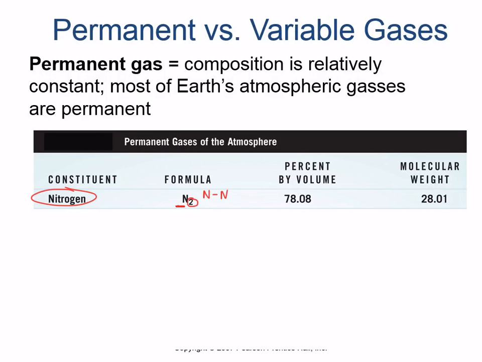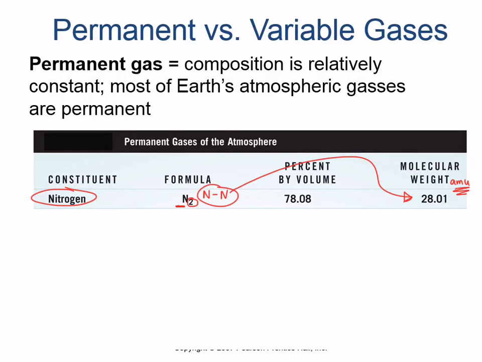So the deal is, that molecule would weigh that much. Okay, and actually, if you kind of dabbled in weighing molecules, the units over here would be AMUs, or atomic mass units. So how much does an N2 molecule weigh? 28.01 AMUs. Okay, so that's nitrogen.